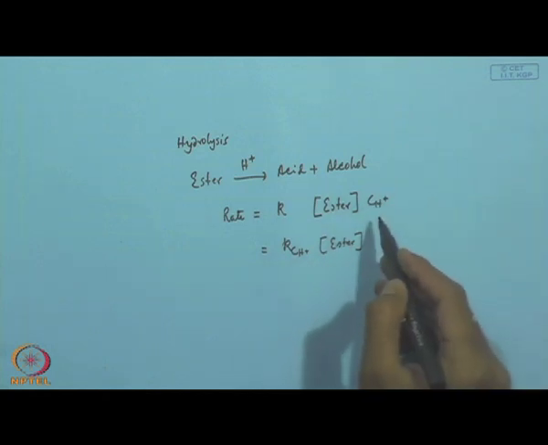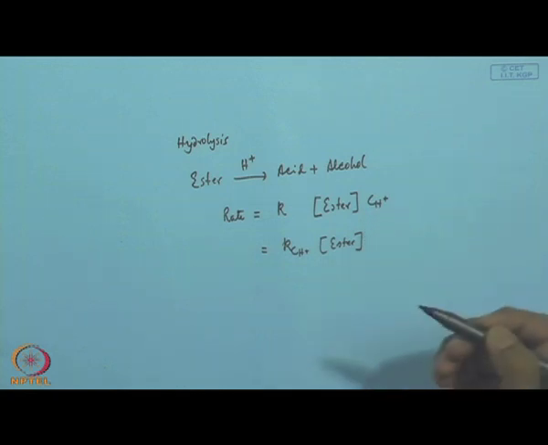That's why it is called homogeneous catalysis. That is, if you increase your catalyst concentration by a factor of 2, your rate will be increased by a factor of 2. Okay, and this part I may take up in a separate lecture where I will talk about this catalysis.